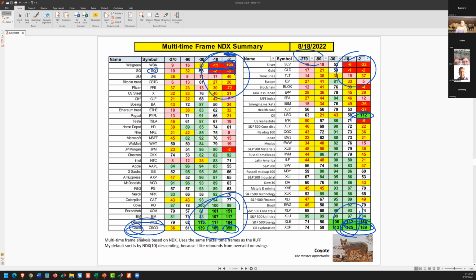And then on the longer term, like the 270 and 90, you get a sense of where the weakness is and where the strength is. Market leaders and market laggards at a glance. And that gives you a heat map of strength as you move through the different time frames on one simple chart that is very, very helpful.